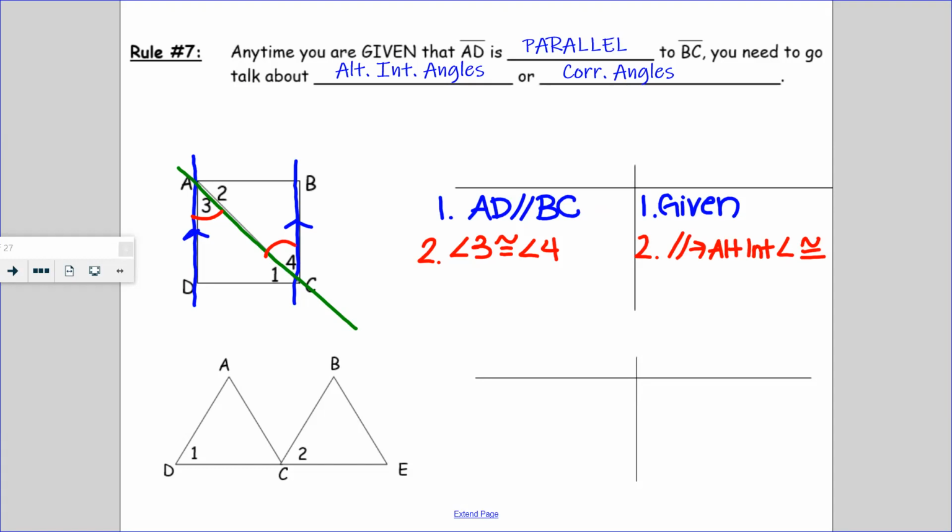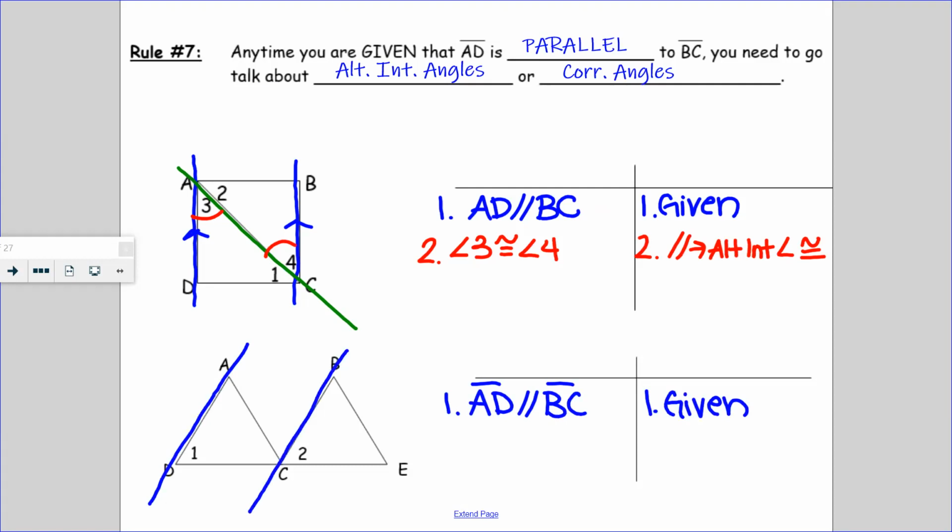So same thing down here. AD is parallel to BC. That was given to us. So here's AD, here's BC. The transversal is going to be the line that goes through two of those.